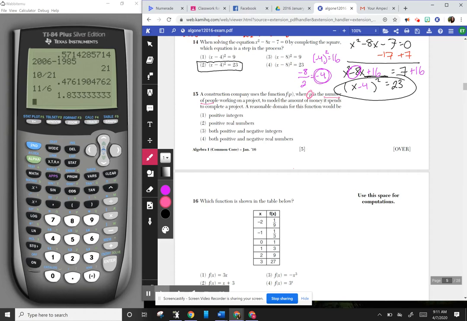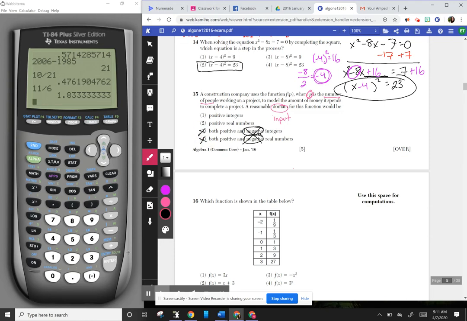Remember, domain means input. In this case, p is the input, and p is the number of people. So we cannot have a negative number of people, so it cannot be 3 or 4.